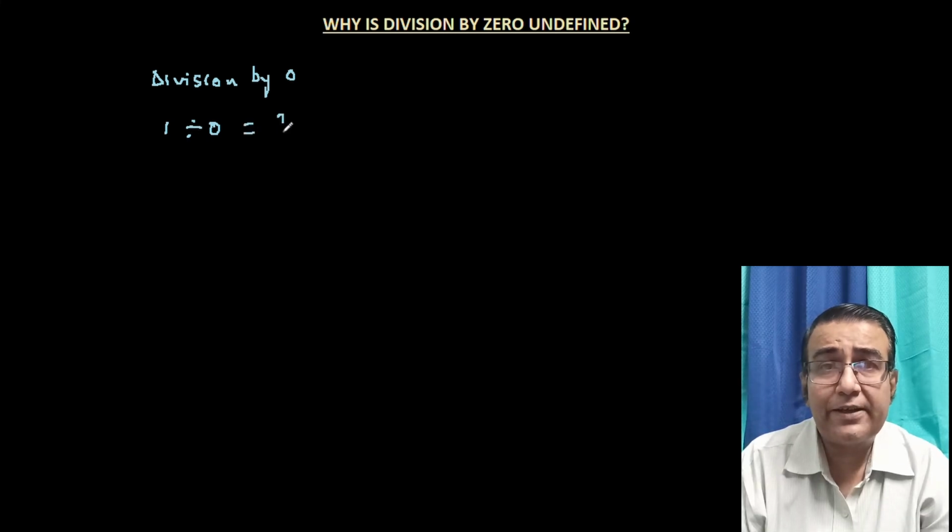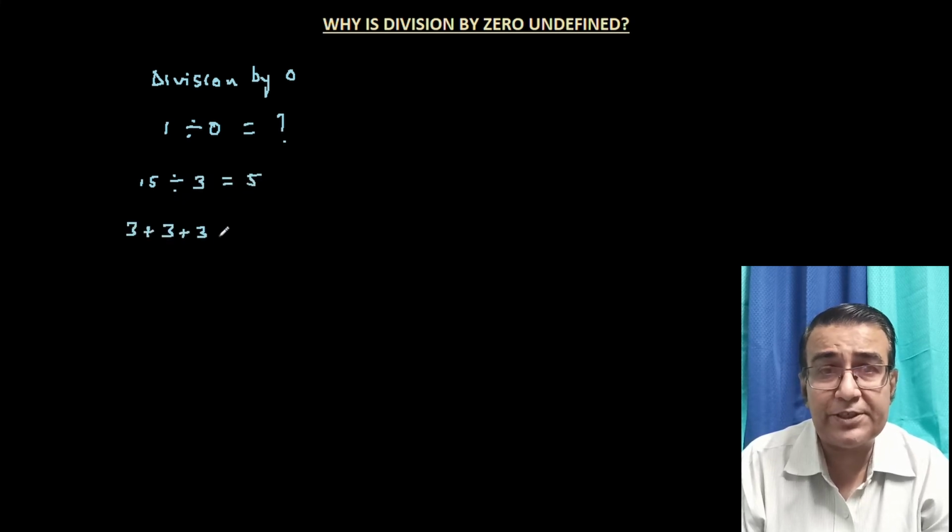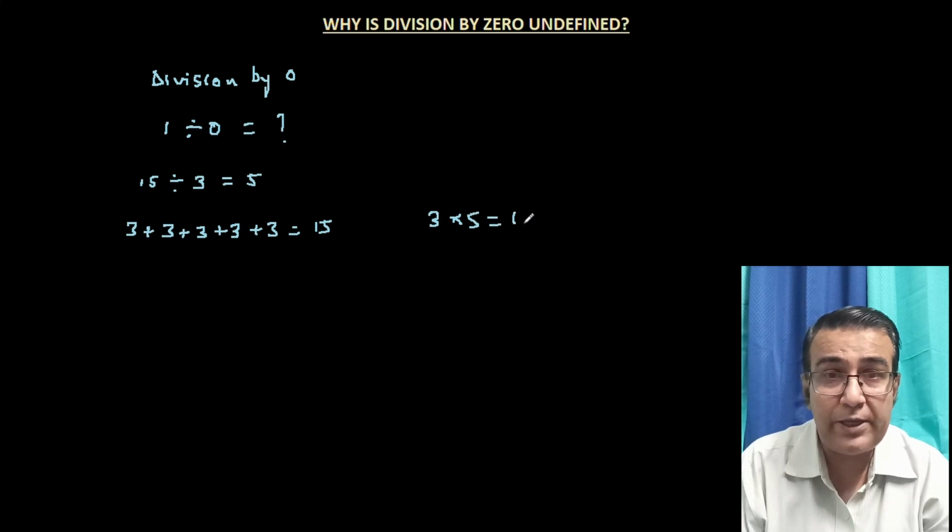So to understand that, let me take the earlier example where we got 15 divided by 3 gives us 5. That means when we take 3 and add it to itself 5 times, we get 15. Or as a multiplication fact, it can be written as 3 times 5 is equal to 15. Now the question is, what should 1 divided by 0 be equal to?